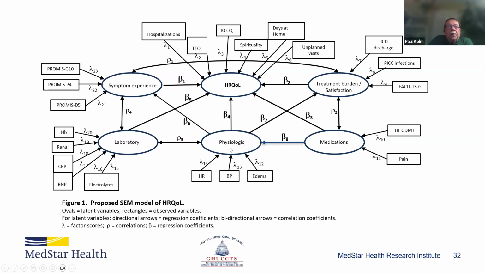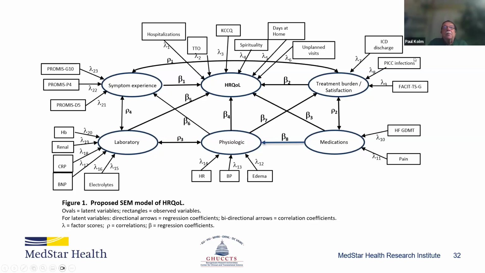And so you can see how we've diagrammed this to indicate the relationships between the different observed variables and the latent variables. And so, as I mentioned before, the betas are regression coefficients, the lambdas are factor loadings, the rhos are correlations.